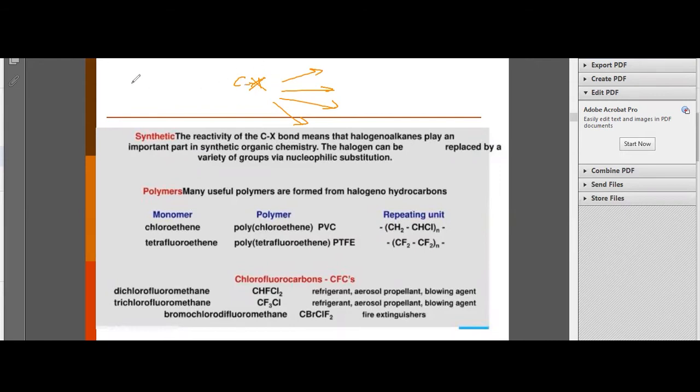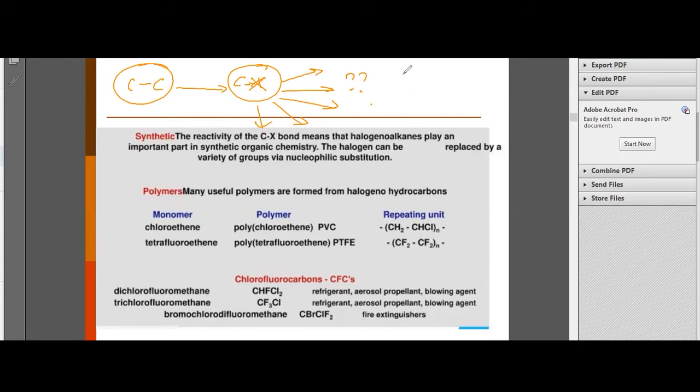If you compare it with alkane, which is inert, the reactivity of C-X is much greater. So that's why alkane should first be changed to halogenoalkane, then it can change to many other compounds. Later on we can see what types of reactions occur in halogenoalkane.